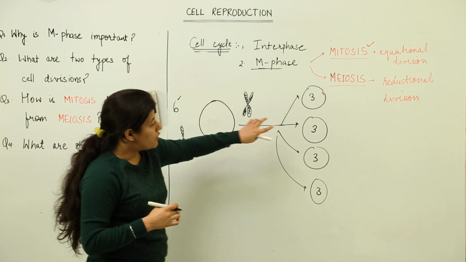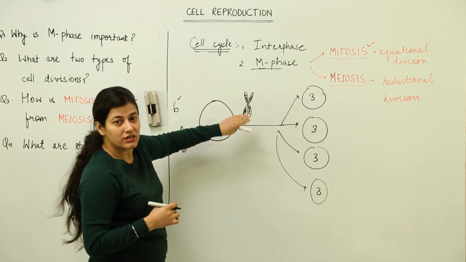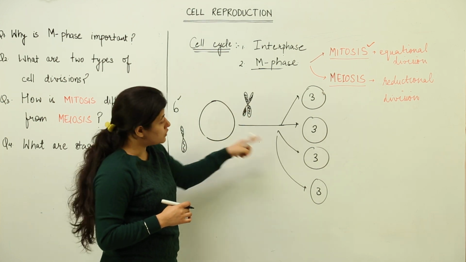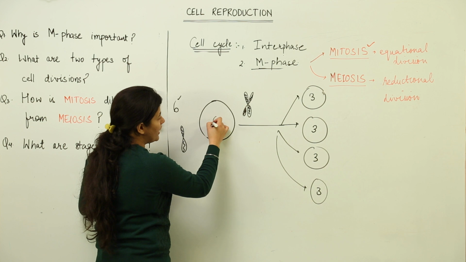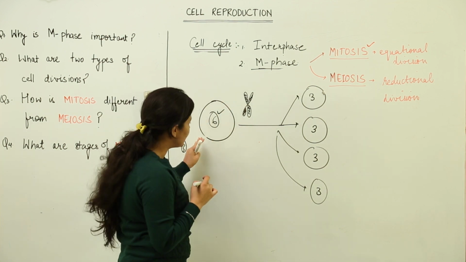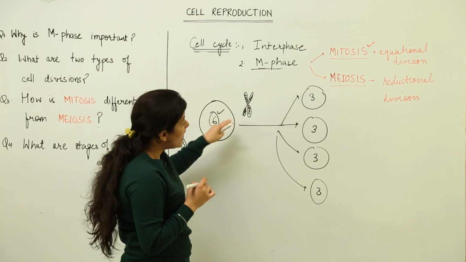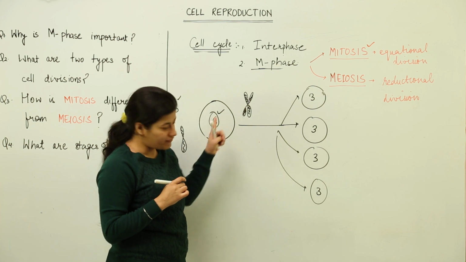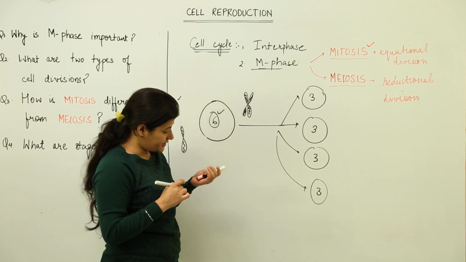So over here, why is it reductional? Because not only is the genetic material getting reduced to half, but the chromosome number is also getting reduced to half, because the parent cell had 6 chromosomes in this. This is just for an example. It had 6 chromosomes in it, and the offspring are having 3 chromosomes, which is exactly half of what is present in the parent cell.